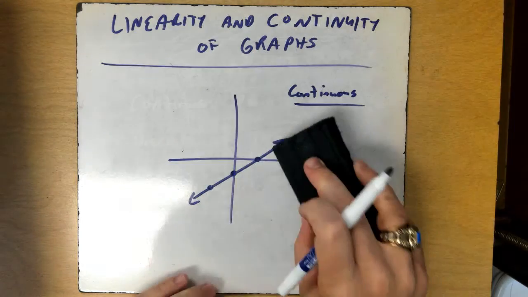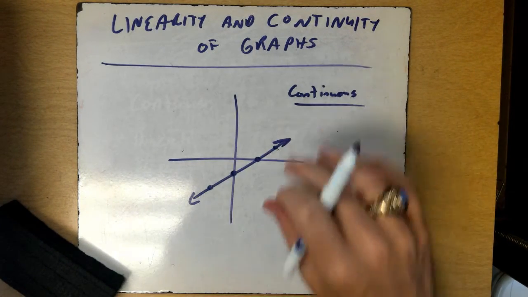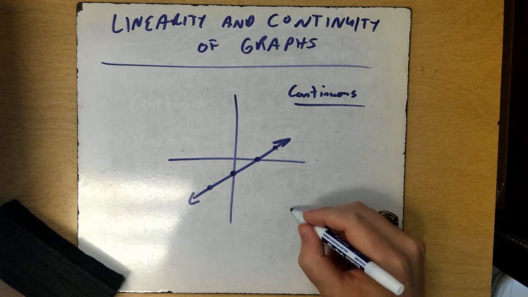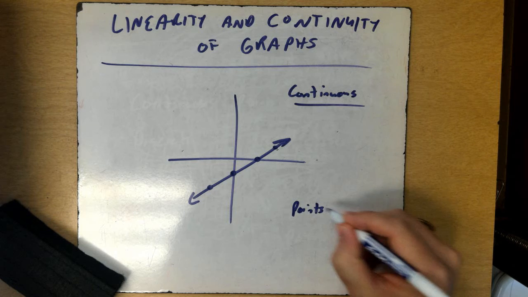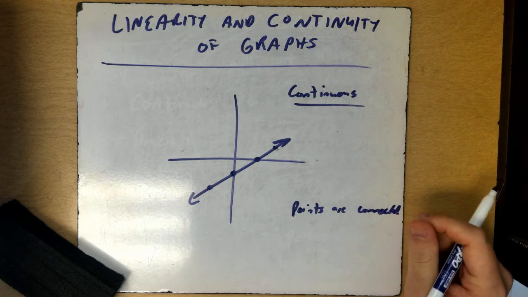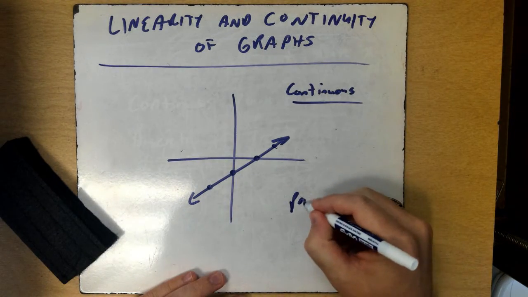Same as if you had it, which makes sense, right? Because the line all continues in a path. So a continuous graph, points are connected. Points are connected, okay?